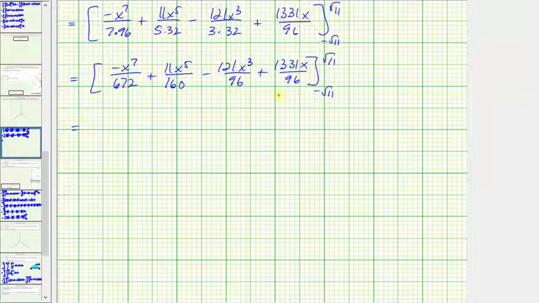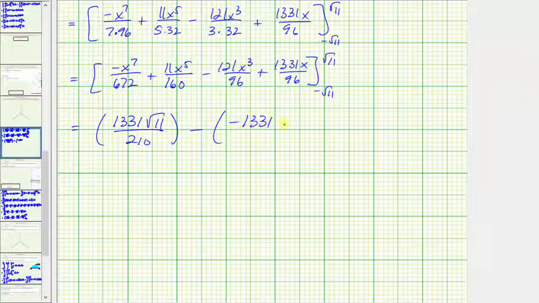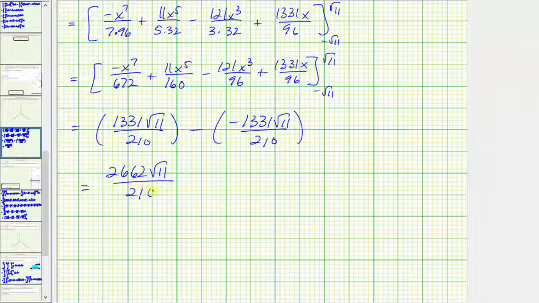Again, I'm not going to show all these steps here, but when we substitute the square root of 11 for x, we end up getting 1,331 times the square root of 11, all divided by 210, and then minus, when x is equal to negative square root of 11, we end up getting negative 1,331 times the square root of 11 divided by 210, which gives us 2,662 square root of 11 all over 210, which does have a common factor of 2.